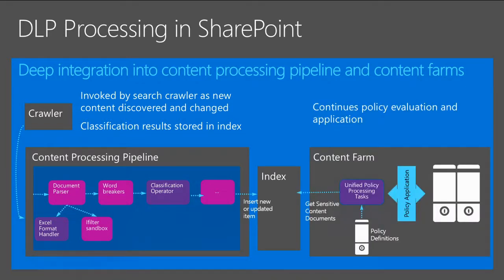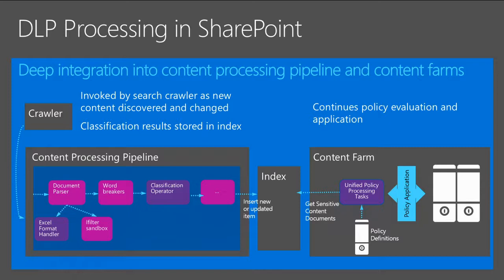The next part of this is policy evaluation. Policy evaluation occurs on a continuous basis. It takes the output of the content processing pipeline in terms of sensitive content identification, and then applies policies, looking at who this is shared with, and whether it is in the locations where the policy should be applied.